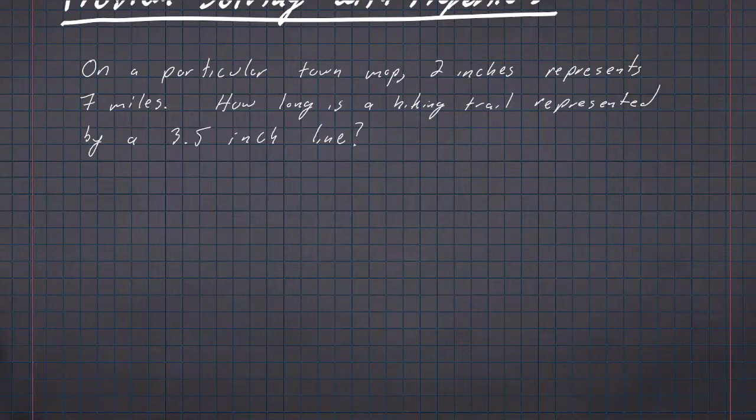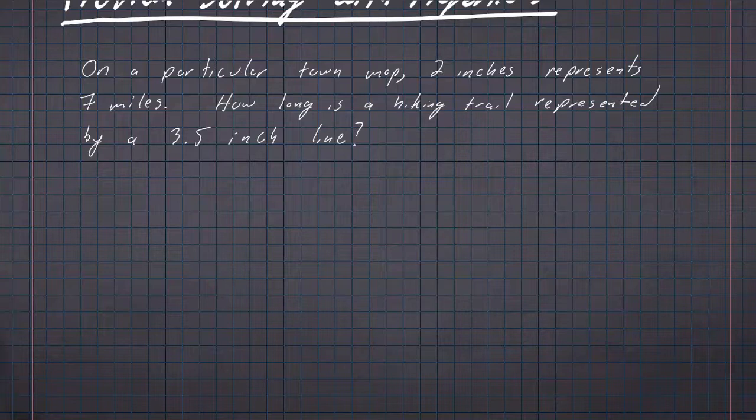First of all, this sort of situation is very typical of the situations that will be modeled using a proportion. You have this relation. Every 2 inches on the map is 7 miles in the world. Given the number of inches on the map, you can use that to calculate the number of miles in the world using a scaling factor.